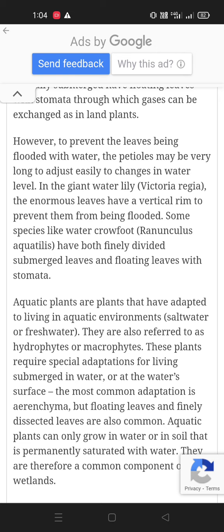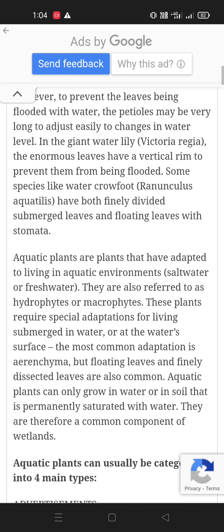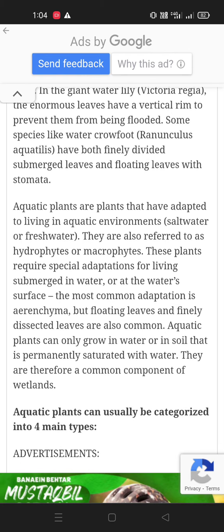Aquatic plants are plants that have adapted to living in aquatic environments, salt water or fresh water. They are also referred to as hydrophytes or macrophytes. These plants require special adaptations for living submerged in water or at the water's surface. The most common adaptation is parenchyma, along with floating leaves, and finely dissected leaves are also common.